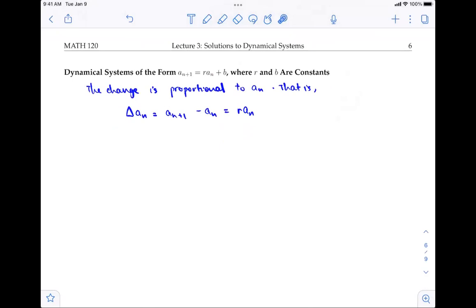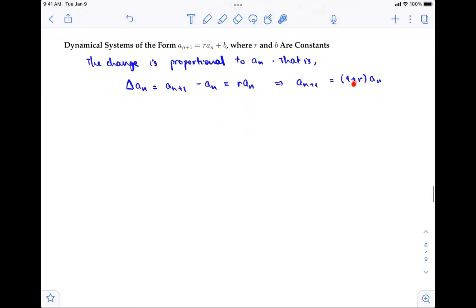And that's how we get A sub n plus 1 equal to 1 plus R times A sub n. That is the linear dynamical system in the last case that we're dealing with. Even though we have 1 plus R, it doesn't really matter, because we can substitute 1 plus R with another letter, and that is also the rate or the proportionality.